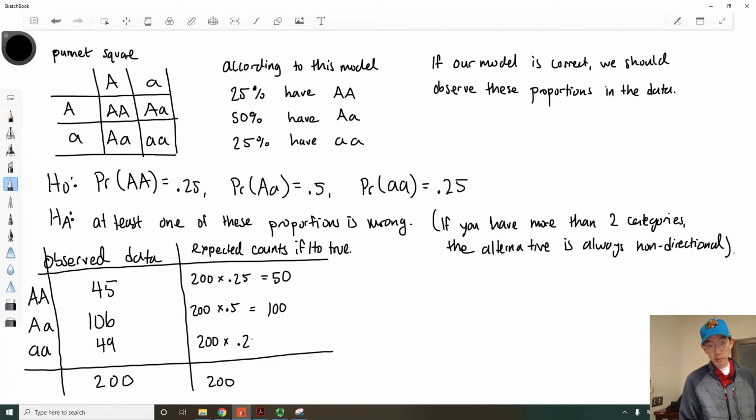And 200 times 0.25, I would expect to get 50, right? So I'm expecting to get 50 and I got 45. I expected to get 100 and I got 106. And so the question is, is that difference between observed and expected counts significant?